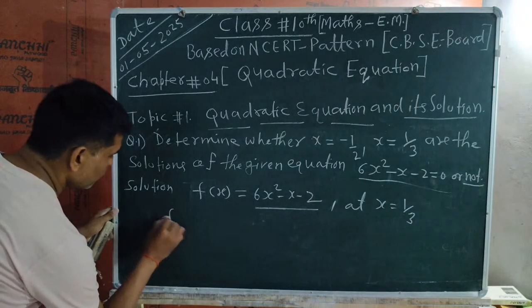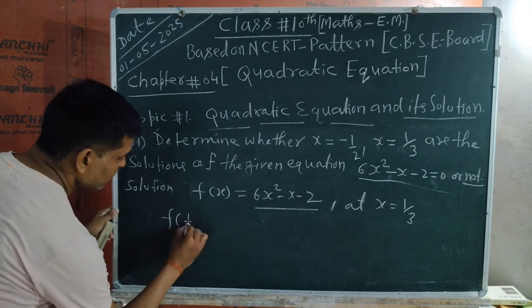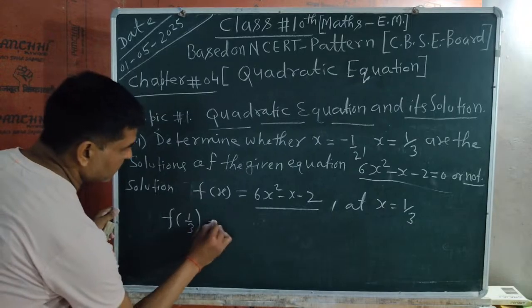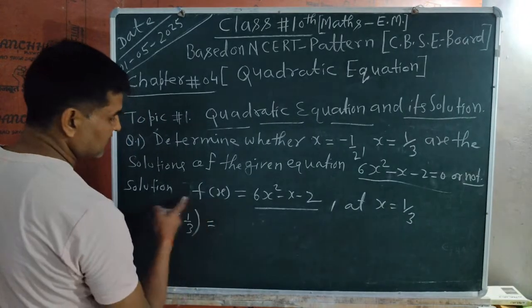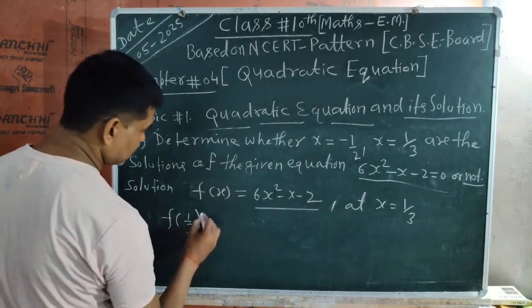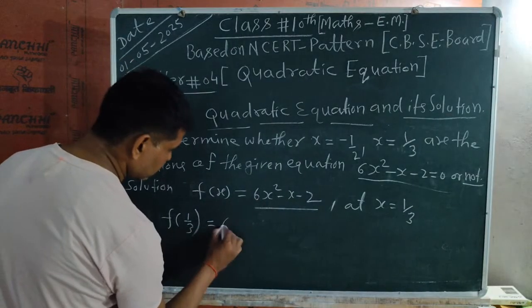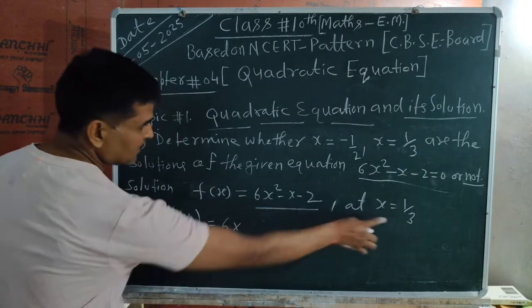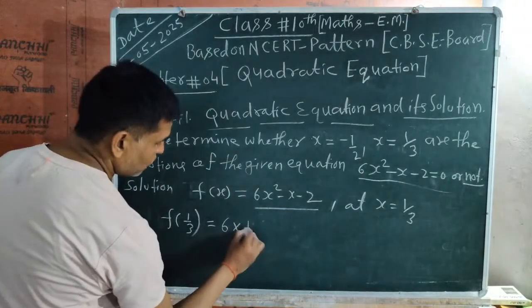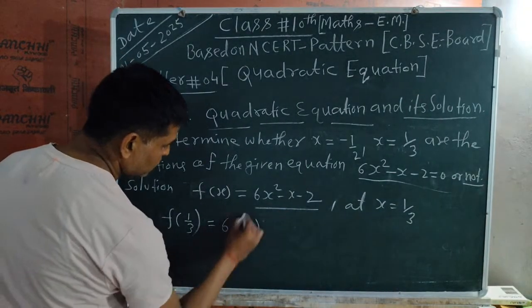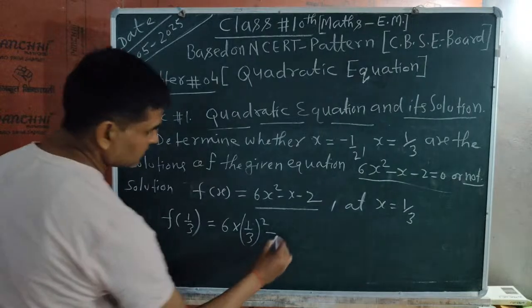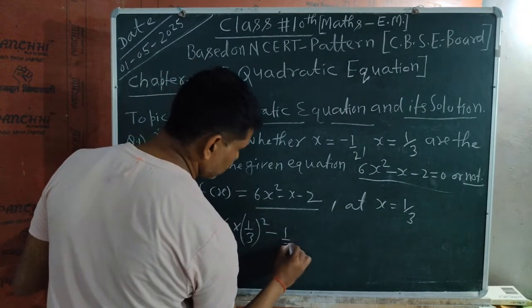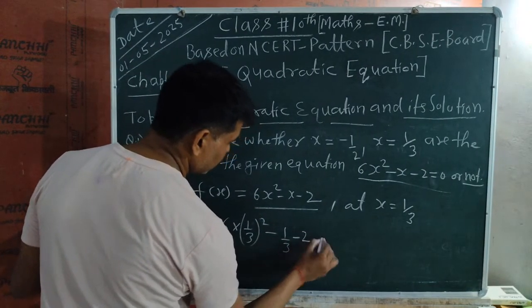Now I am going to put 1 by 3 in the place of x on the left hand side. This is the left hand side and this is the right hand side. So here I am going to put 6 into, in the place of x I have to put 1 by 3 whole square, minus, in the place of x I have to write 1 by 3, and minus 2.